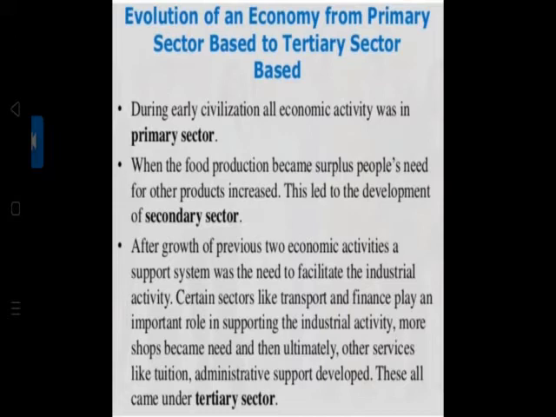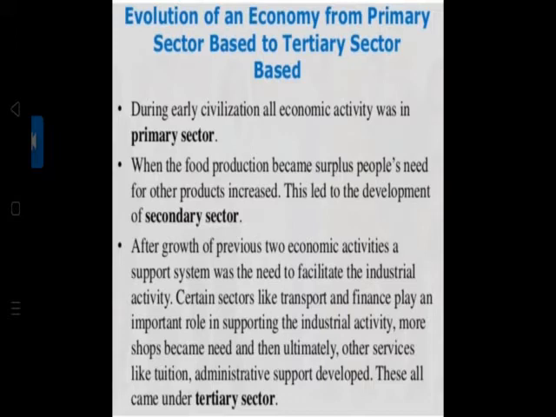After growth of previous two economic activities, a support system was needed to facilitate the industrial activity. Certain sectors like transport and finance play an important role in supporting the industrial activity. More shops became needed, and then ultimately other services like tuition, administrative support developed. These came under the tertiary sector.